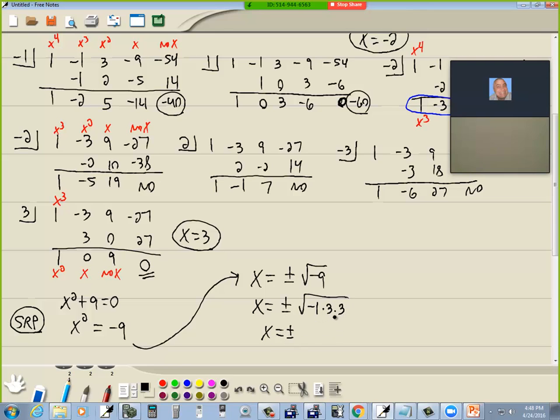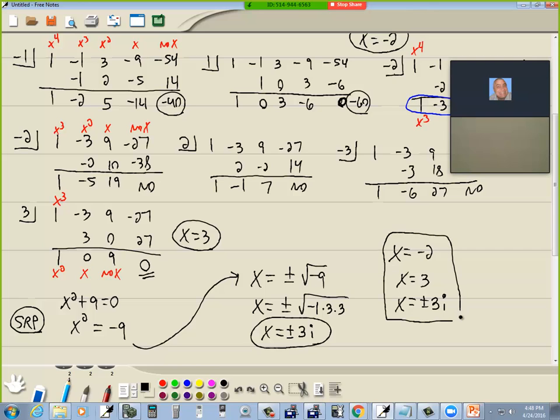So the pair of 3's comes out as a single 3, and the negative 1 comes out as an i. So our answers: up above we said x equals negative 2 is one, x equals 3 is one, and then plus or minus 3i are our other two answers, because that plus or minus means there are two answers there.